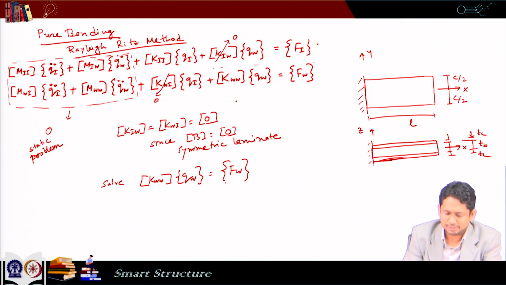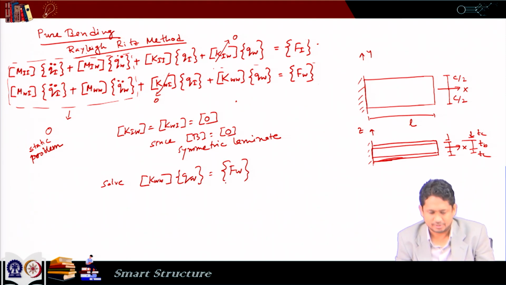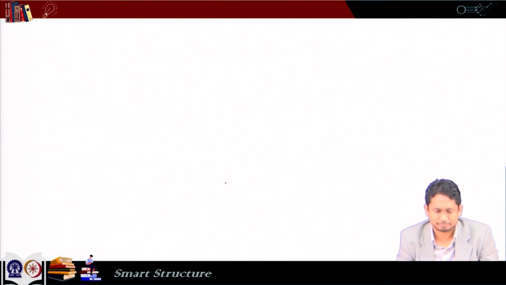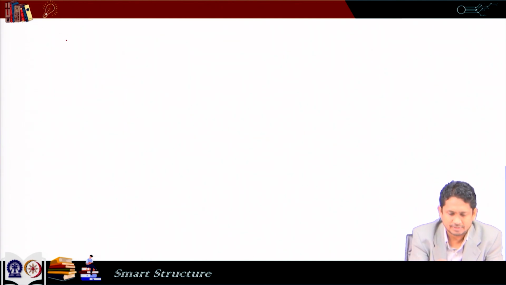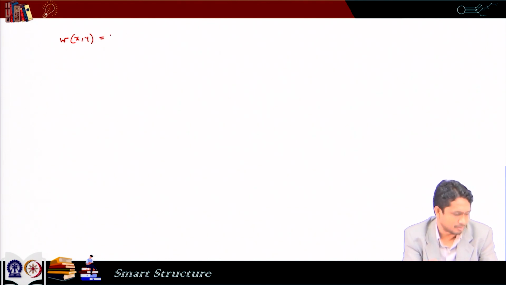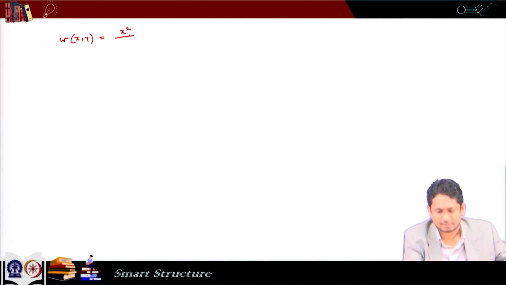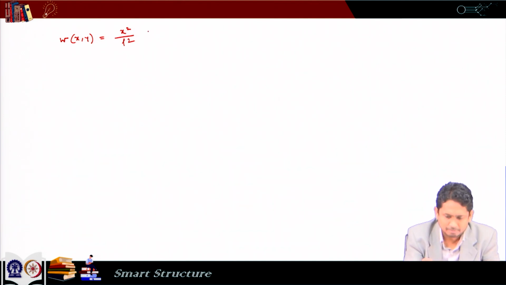So now as before we need to make some approximations. So let us go to next slide, and our approximation is W as a function of x y is x square by L square multiplied by QW1.